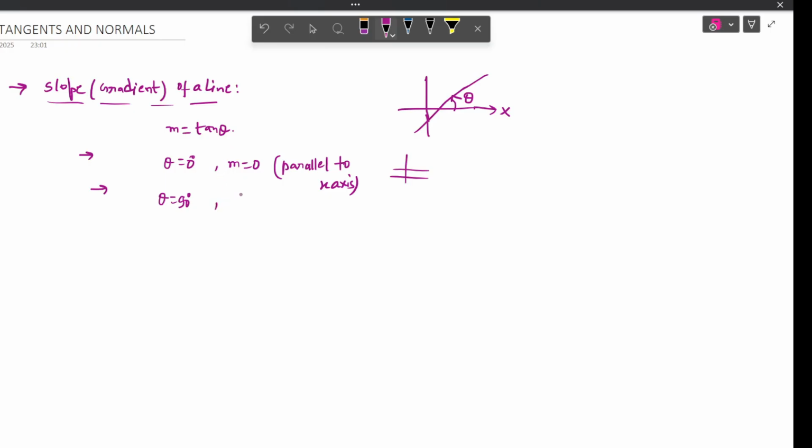So slope would be tan 90 degree, that is pi by 2, which is infinite, right? So a perpendicular line has a slope infinite. So this is the condition of perpendicular straight line.